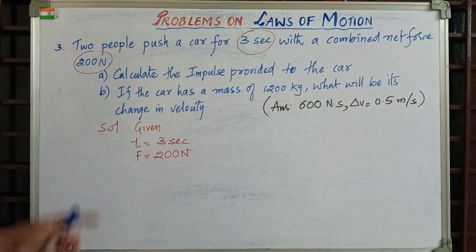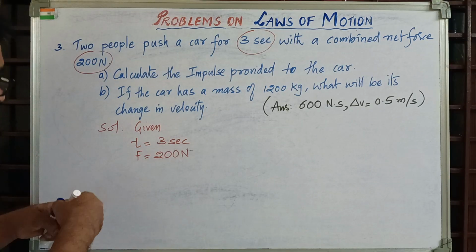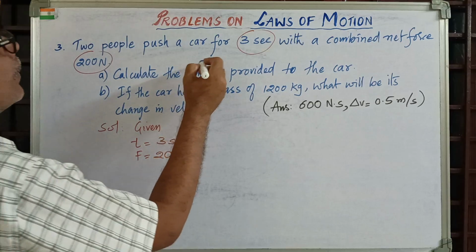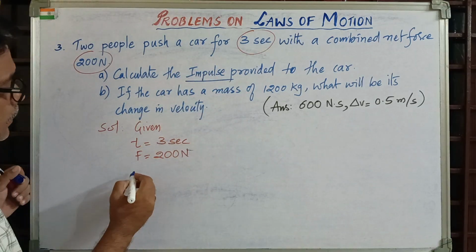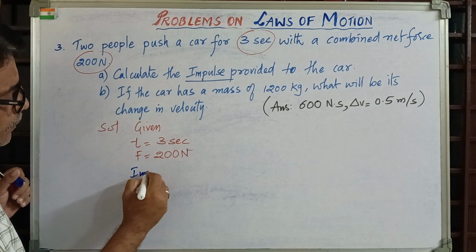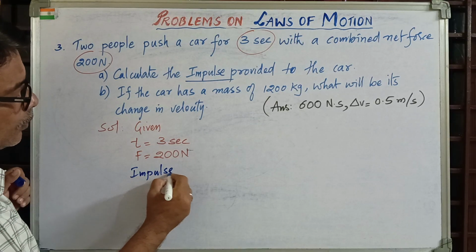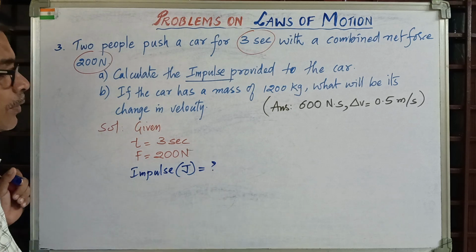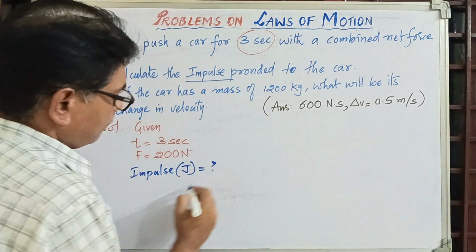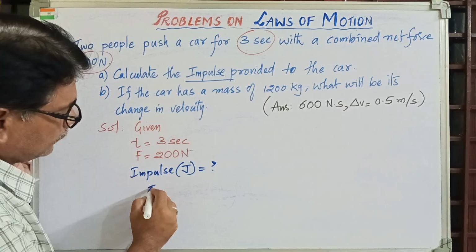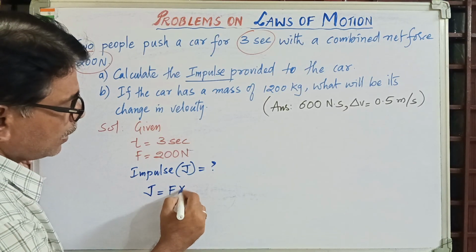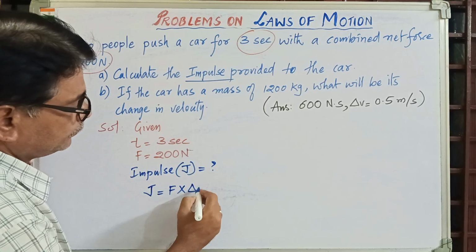First one, A. You have to solve the problem now. A is asking you to calculate impulse. Impulse is represented with J. First of all, you should know what is impulse. Impulse is a product of force and change in time.